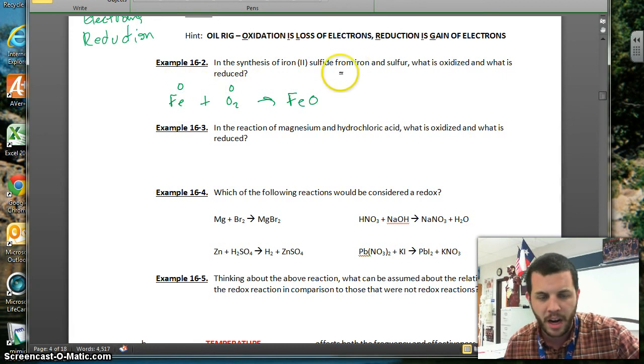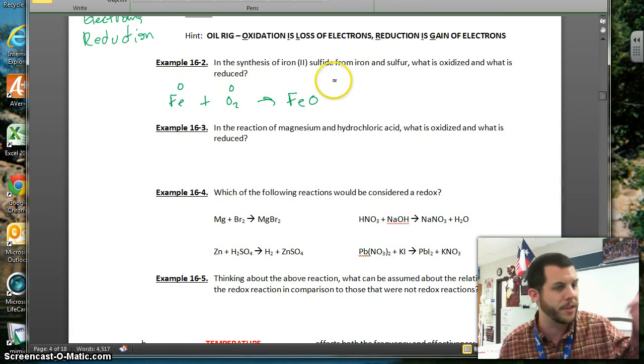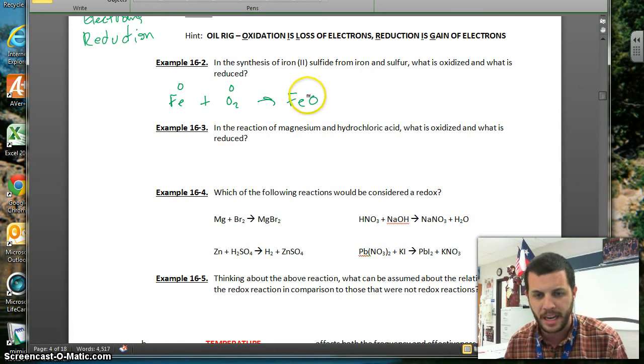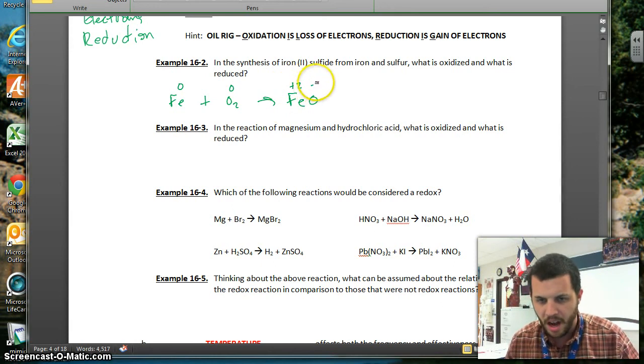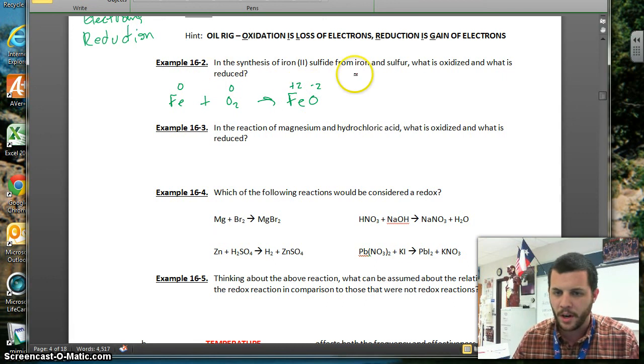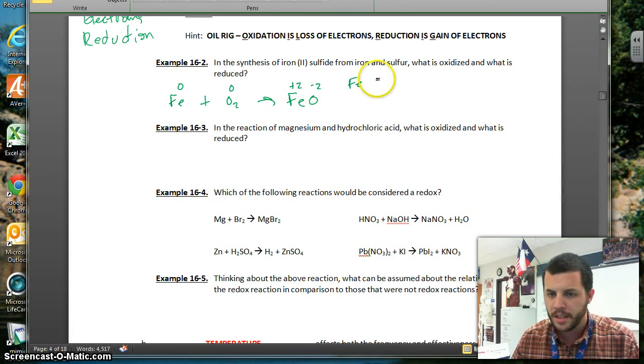When they're in compounds, their oxidation number is going to be what's matched on the periodic table. So iron, since it has a Roman numeral 2, has an oxidation number of plus 2. Oxygen, since it's in group 16, always has an oxidation number of negative 2. So iron went from 0 to positive 2.